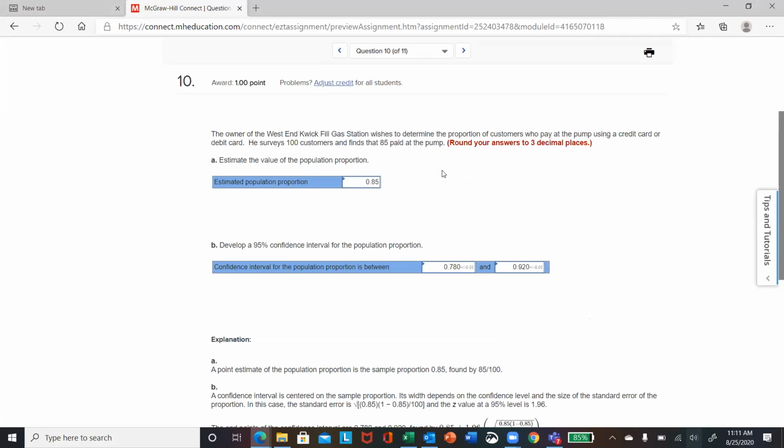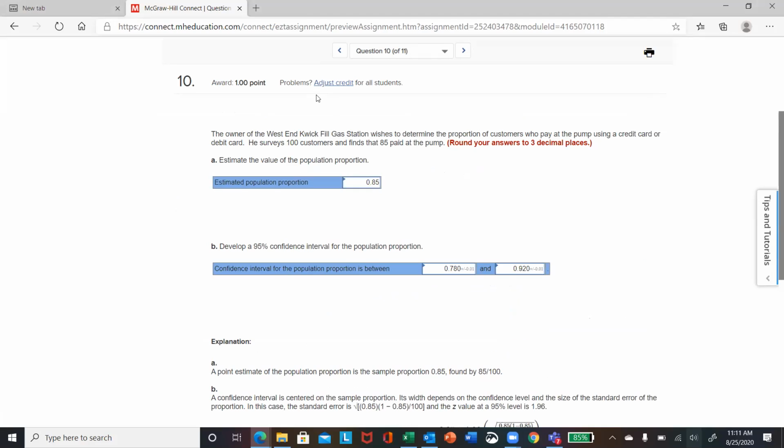Last two will be on proportions. When we're in a proportion, remember we're back to using the z-value. The only time you use the t-distribution table is with your sample standard deviation. With proportions, they always give it to you in decimals or percentages.